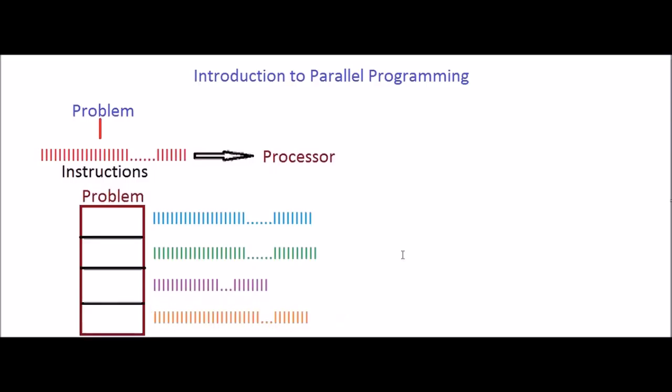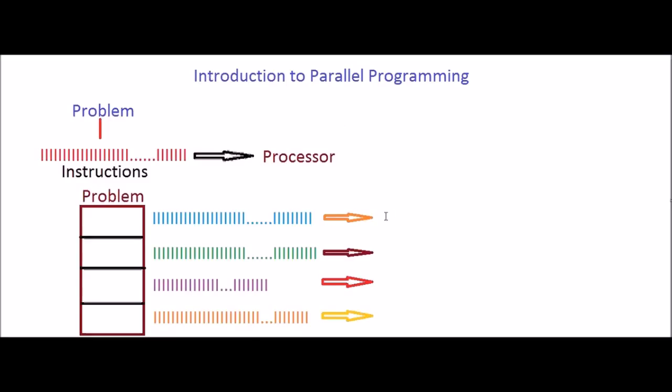Once we have these decompositions and sets of instructions, we run these instructions in parallel on the different available processing elements: processing element 1, processing element 2, and so on.